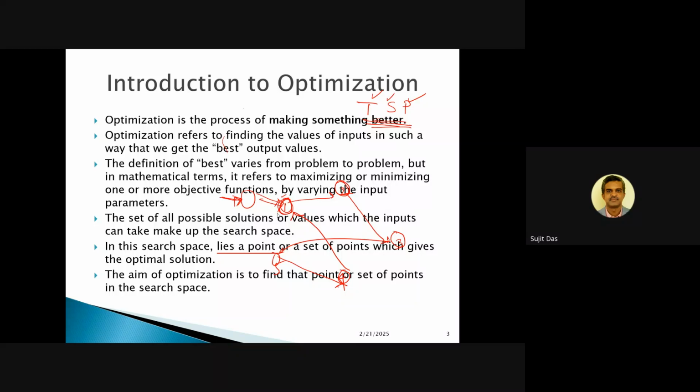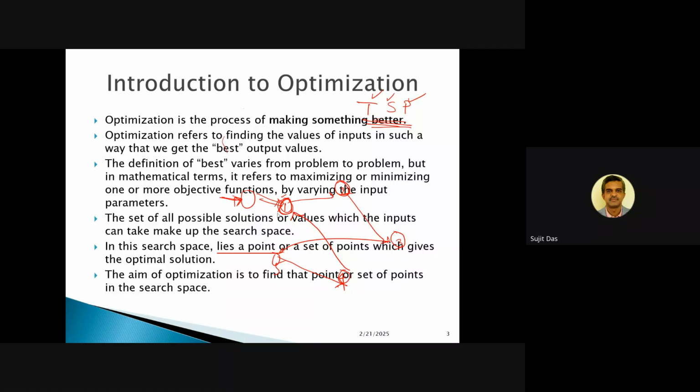Try to understand. I am telling that optimization problems may be of two types. One is single objective optimization. The second one is multi-objective optimization. In single objective optimization, only one objective will be there, and in case of multi-objective optimization, we need to deal with two or more objectives.